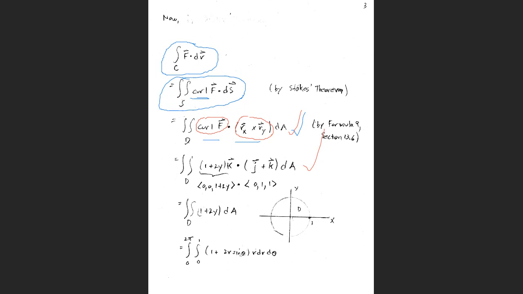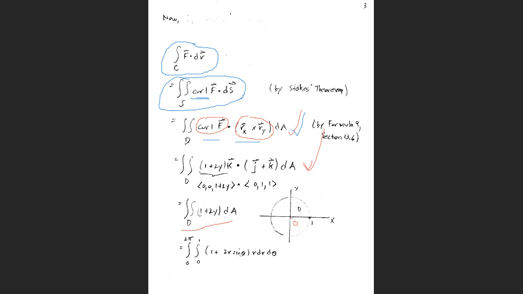So we just do the dot product of the two vectors, and we're going to end up with the double integral over region D of 1 plus 2y dA. Now region D is going to be, remember the restriction on the parameters x and y.